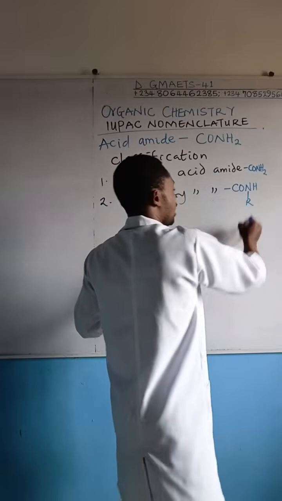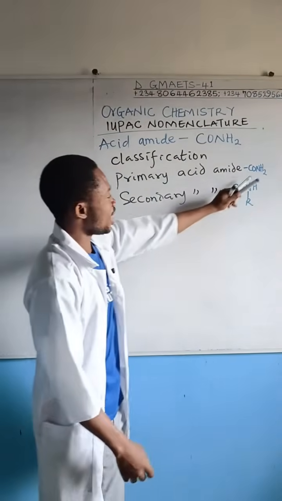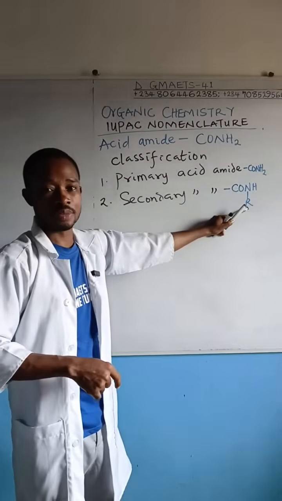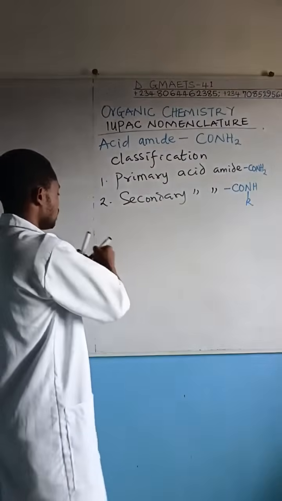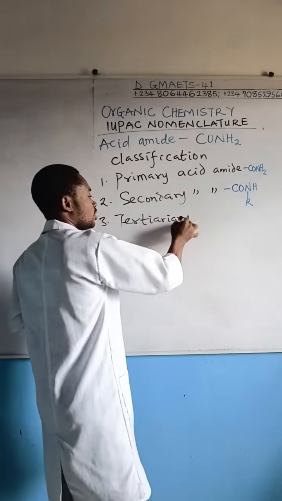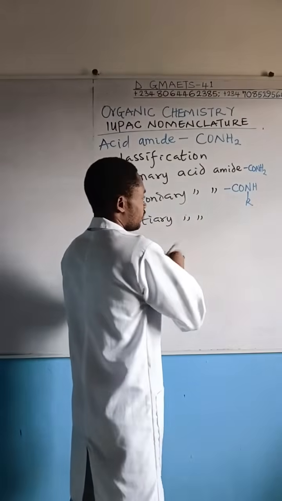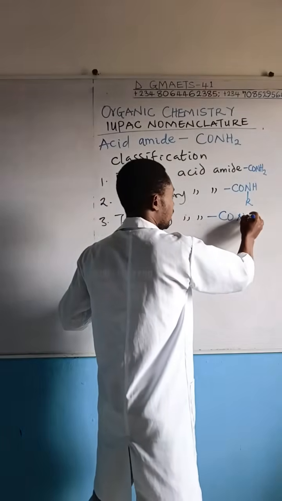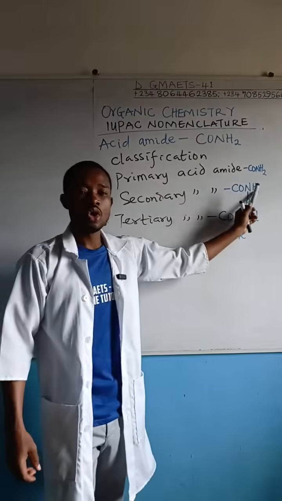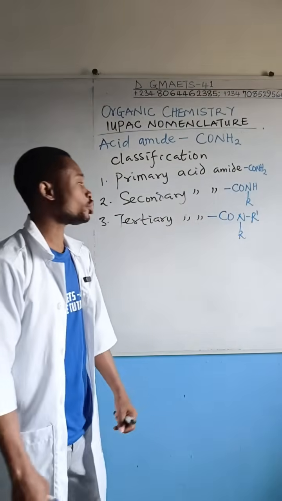CONH-R. In secondary acid amide, in the NH2, one hydrogen has been replaced with an alkyl group, with chains of carbon. Then I think we've got tertiary acid amide. For that one, we have something like this, and of course there is no hydrogen anymore on that nitrogen.